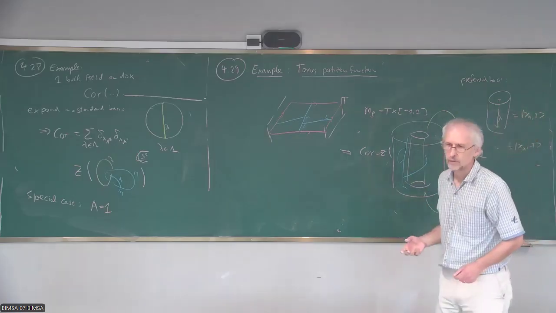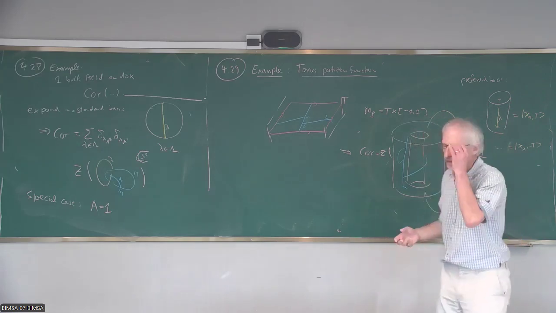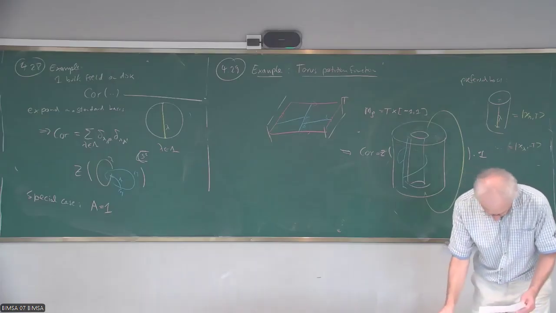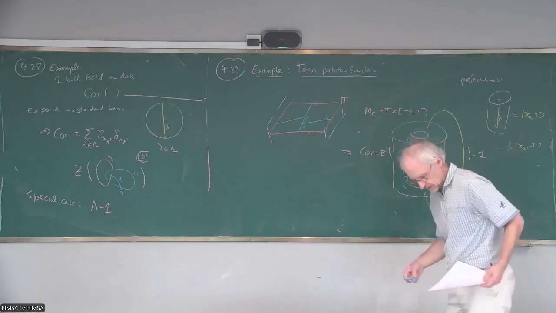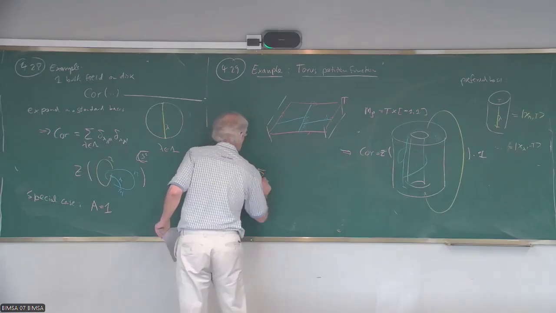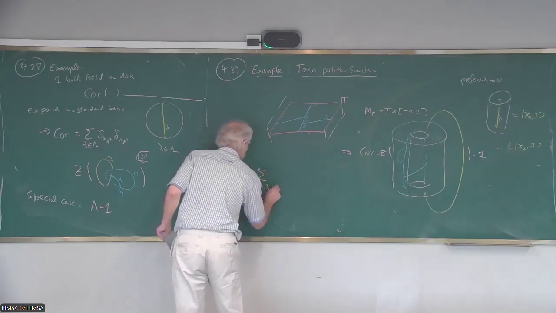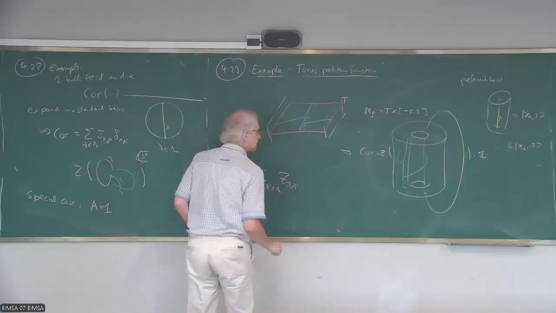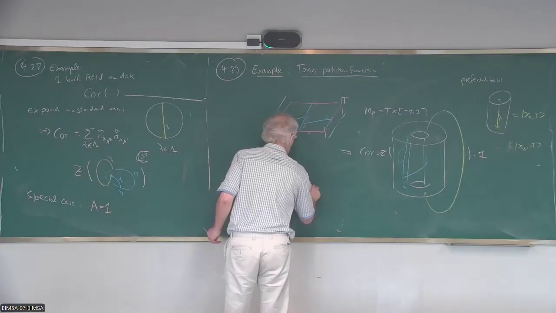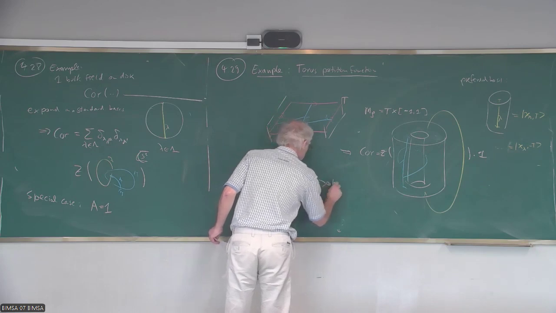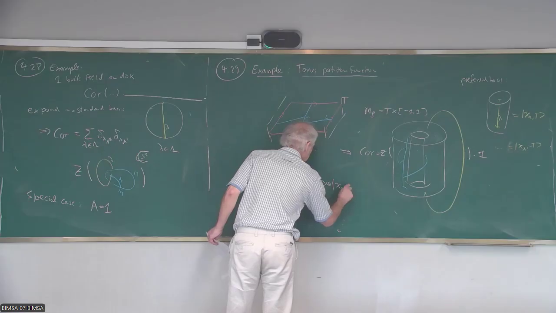If you do that, you get the manifold S2 cross S1, and applying then to arrive gives you that this correlator can be written as a sum over lambda, lambda prime of certain coefficients, also called Z, typically Z lambda lambda prime, times chi lambda t, chi lambda prime minus t.